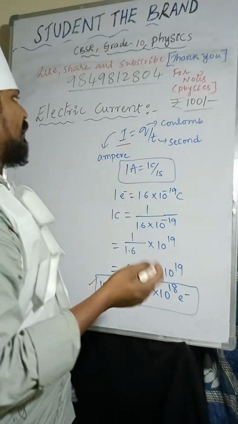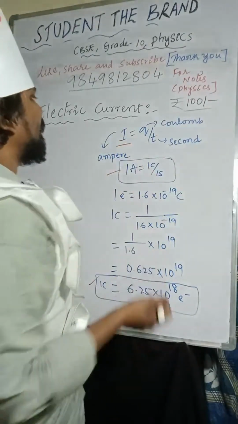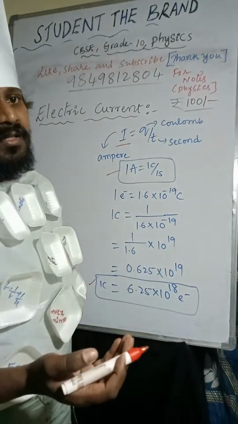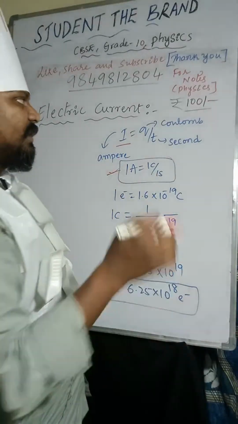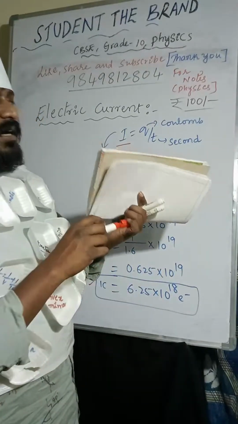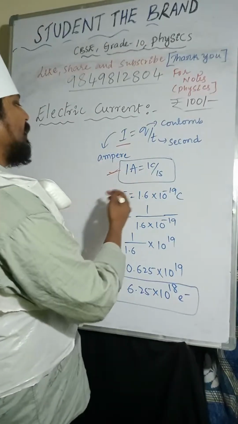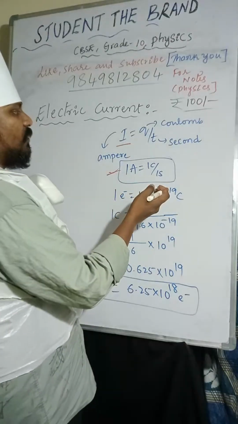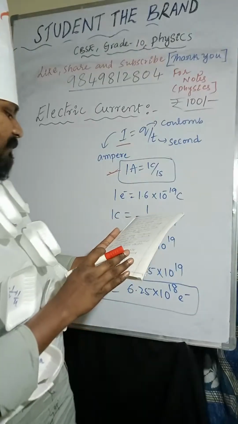I equal to Q by T. The SI unit of electric current is ampere; ampere we write in small letters, and the symbol is capital A. 1 ampere is defined as 1 coulomb of charge flowing through unit cross section area per second.